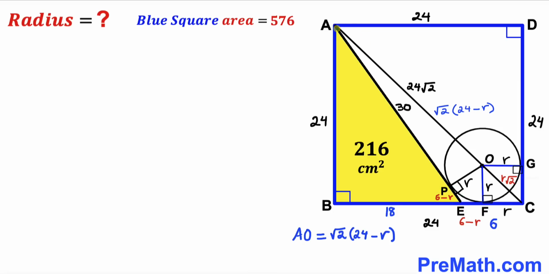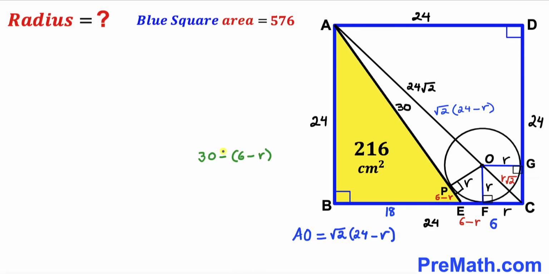And now let's make an observation. We know that this AE length is 30 and this tiny PE length is 6 minus r. So therefore, this remaining AP length is going to be 30 minus (6 minus r). Let me just write it down over here. 30 minus (6 minus r).